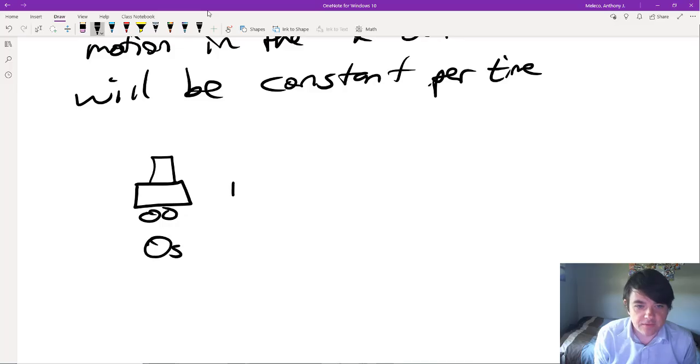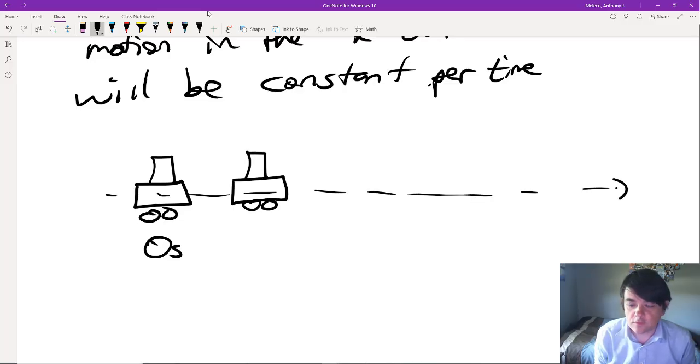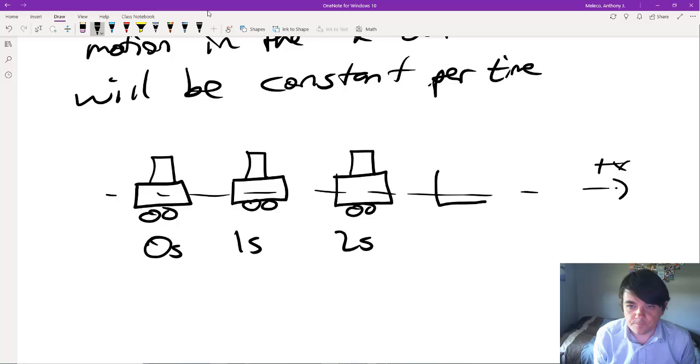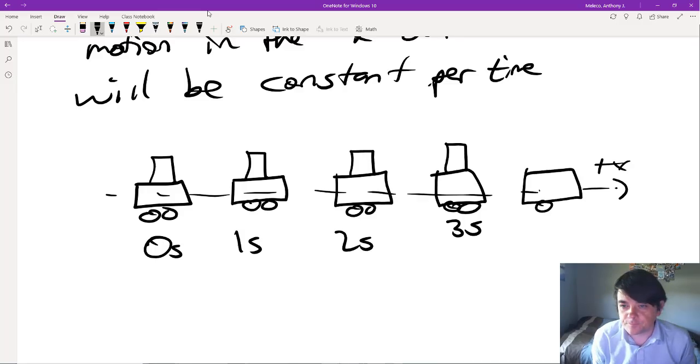So at 0 seconds, they're here. Here's our x-axis. At 1 second, they're here. At 2 seconds, they're here. At 3 seconds, they're here. It kind of looks like a toaster, actually. Then at 4 seconds, they're here.